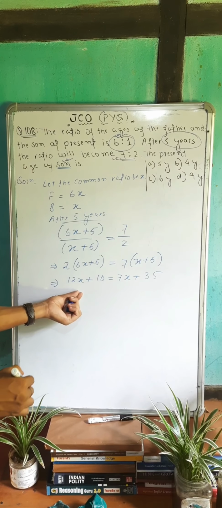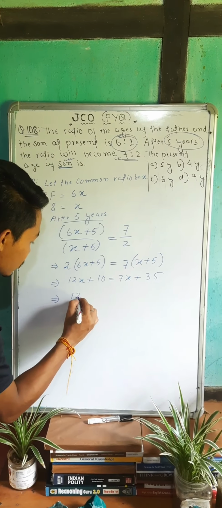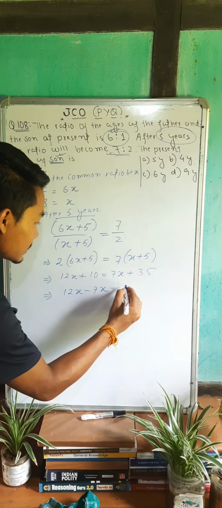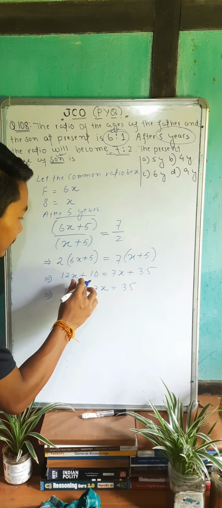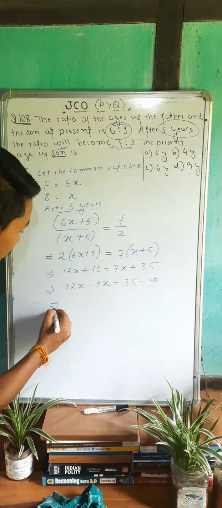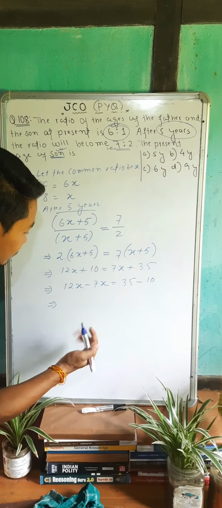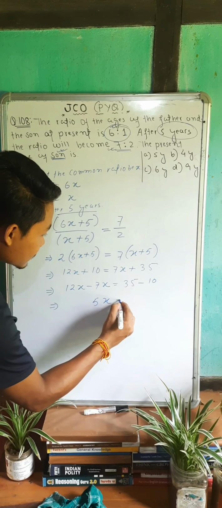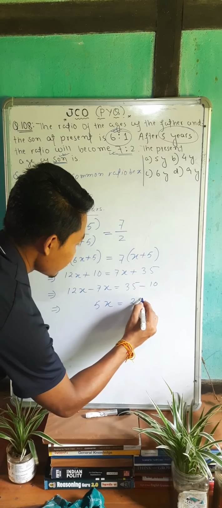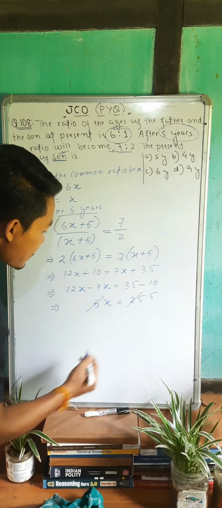Now there is 12x on the left hand side and 7x on the right hand side. So 12x bring to the left hand side will become minus 7x. 35, and carrying plus 10 to the right hand side, it will become minus 10. 12x minus 7x gives us 5x. 35 minus 10 will give us 25.